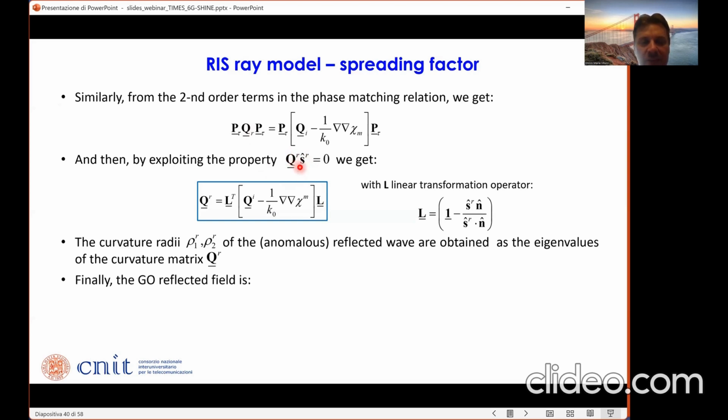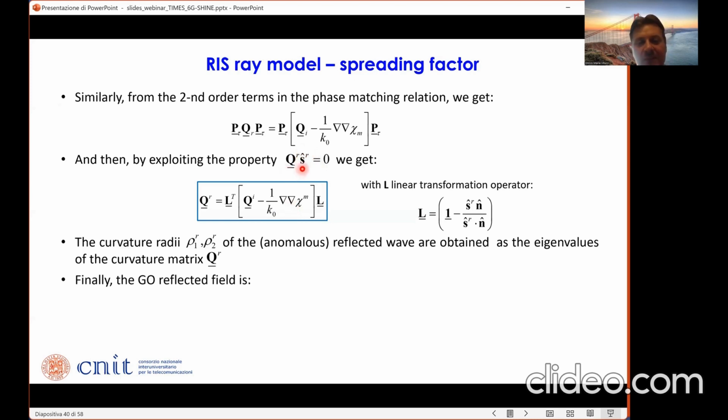So the product of the reflected curvature matrix by the direction of the reflected ray must be equal to 0. Of course, SR is computed according to the equation I presented before, the generalized law of reflection.